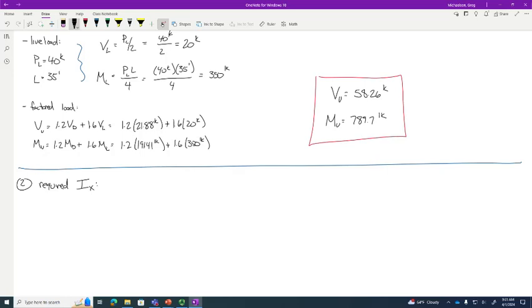First thing that we know is the deflection limit. And the deflection limit is L over 600. We were given that, so we can go ahead and compute that right here.